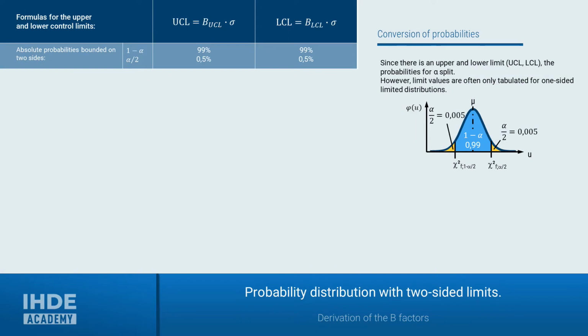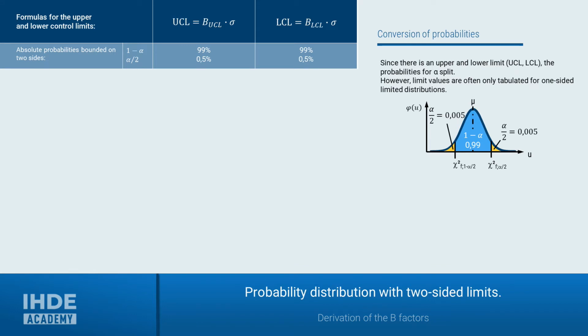Let's start with the control limits. The probability of non-interference in the process should be 99%. This means there must be a range between which all values will be located with a probability of 99%. Thus, 1% of the values are outside this range.